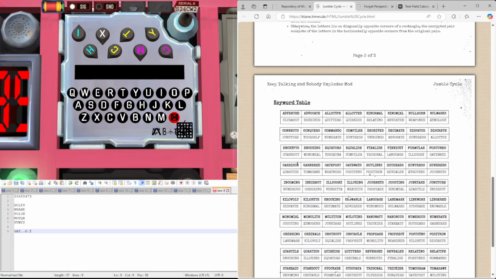Gatepost. 5 times 2 and 5 times 11 gives you 5. Gives us the C, which is on there, okay.